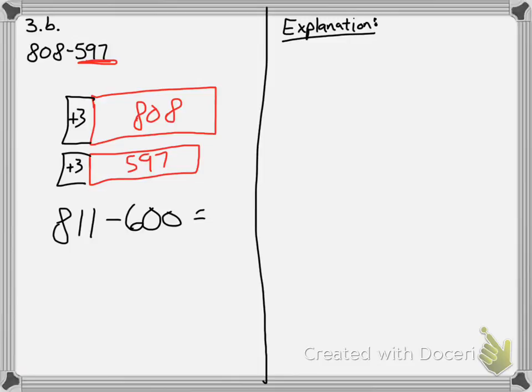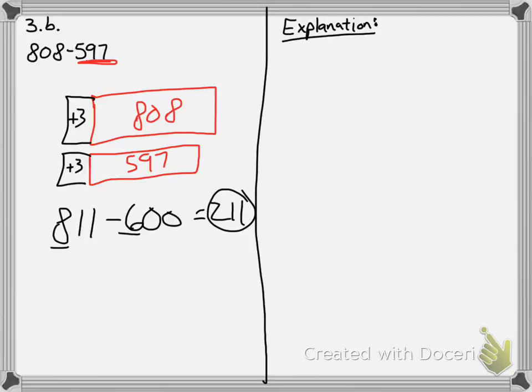Because we know that 8 minus 6 is 2, therefore 800 minus 600 is going to be 200, and 811 minus 600 is going to be 211.